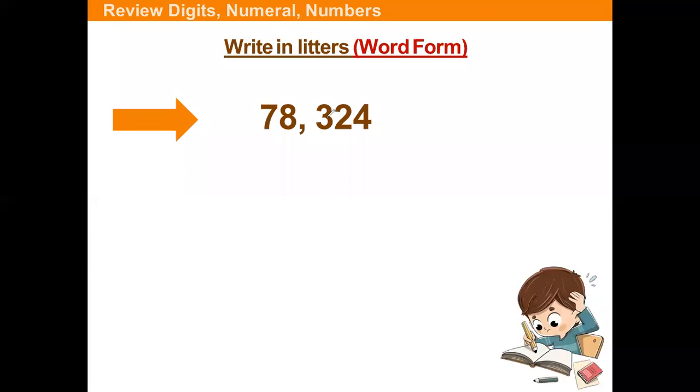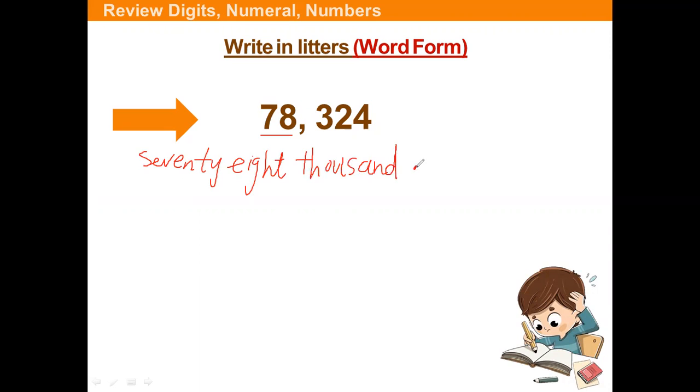I will start with this family. So I will read 78. What is the family? It's 1,000. Okay. After that, I will put a comma.